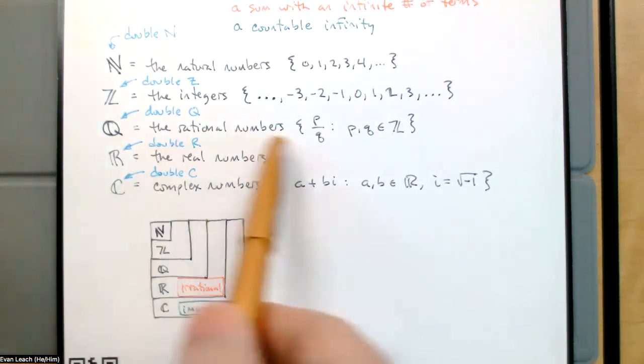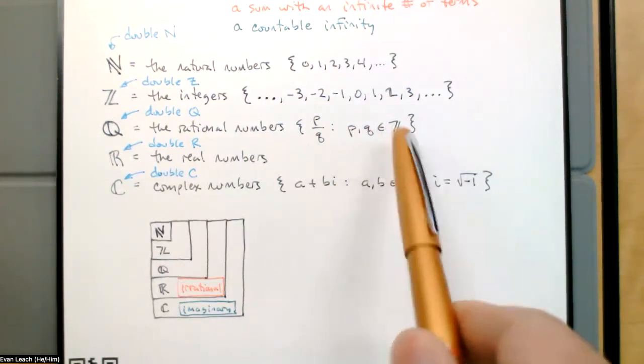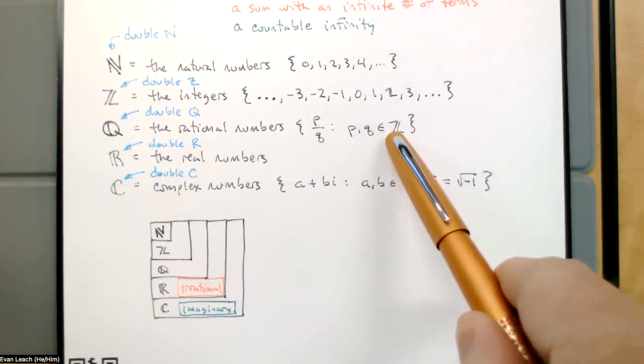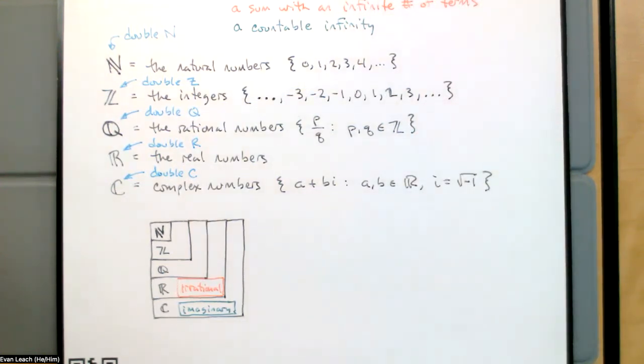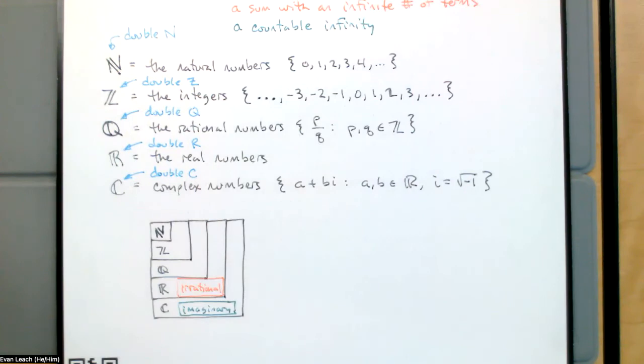See this set here with the rational numbers? All the fractions now, not just denominator 1 like in the integers, but denominators of all the other integers. These two sets, the integers and the rational numbers, are the same size. If we make a match between every natural number and every rational number, they all match up because the sets are the same size.